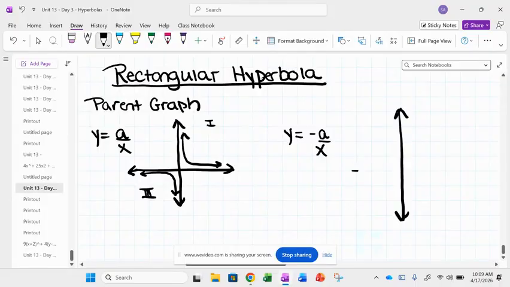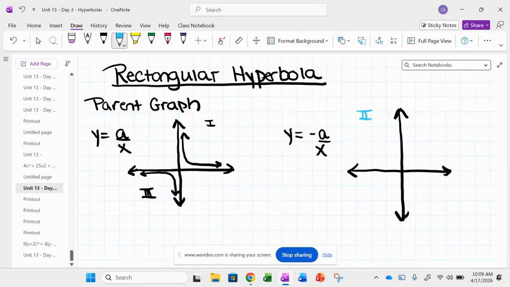And when the a is negative, our two curves will not be in 1 and 3, they'll be in 2 and 4.